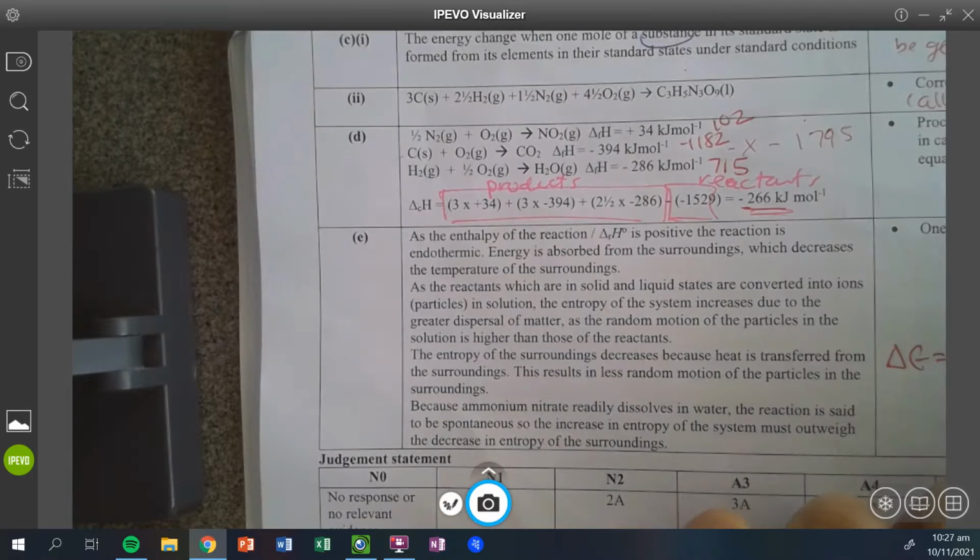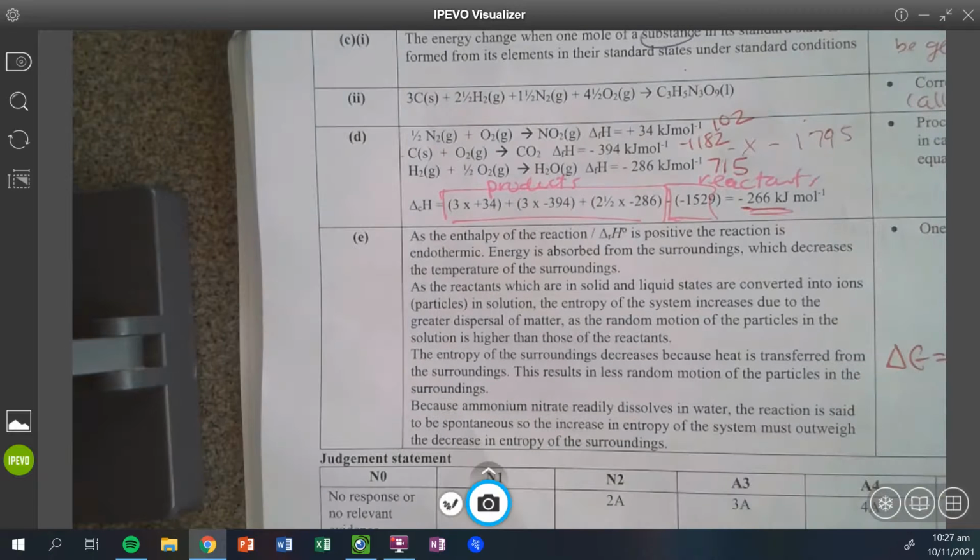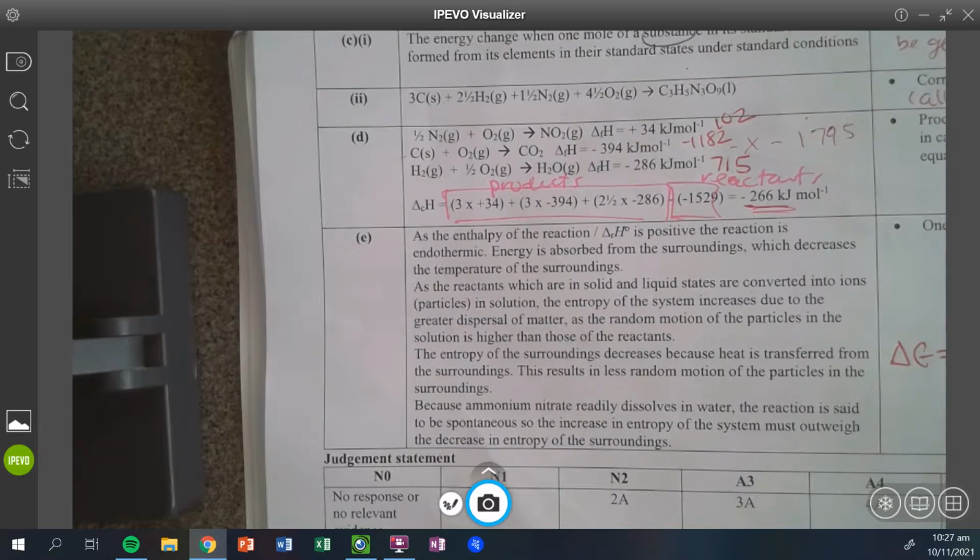This system. The system. Yeah. So we're basically saying that the entropy of the system is greater than the surroundings. Yes. Yeah. And even though it's an endothermic reaction, it's still spontaneous because of that. Yeah. So all these factors come into play.